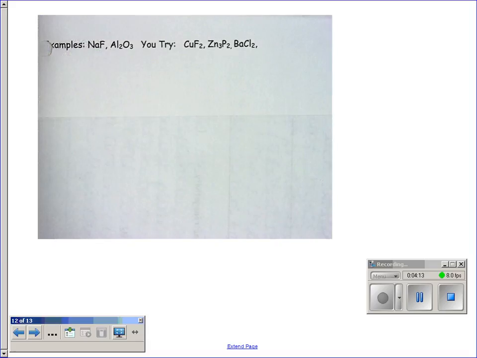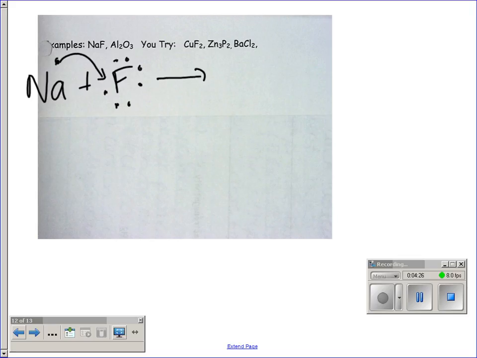Na has 1 valence electron. F has 7. So sodium is going to give up 1 valence electron. Meaning that sodium now has a +1 charge. Fluorine has a -1 charge.